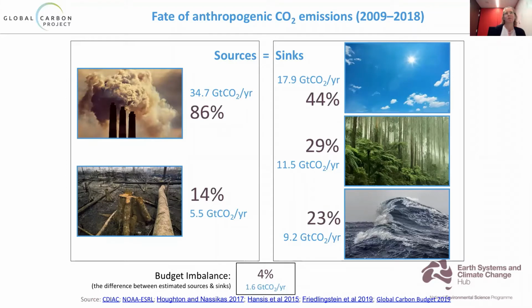There we can see that of the total sources, 86% were from fossil fuels and cement emissions, 14% from land use change, and those sources are then partitioned into sinks, with 44% ending up in the atmosphere, 29% in vegetation and soils, and 23% in the ocean. And that 4% imbalance just represents our uncertainty in quantifying those terms.